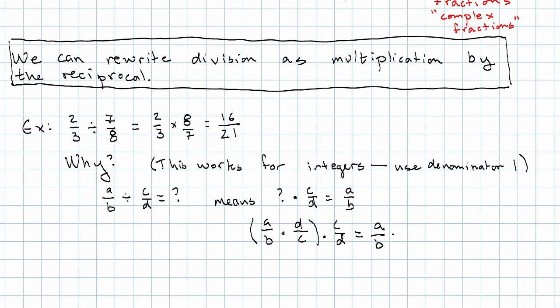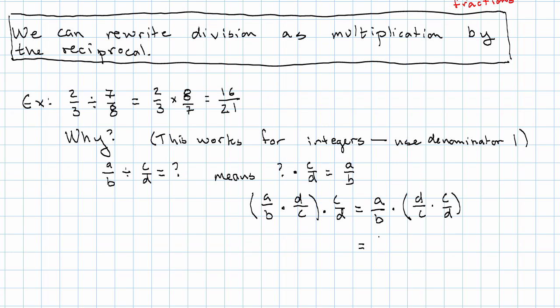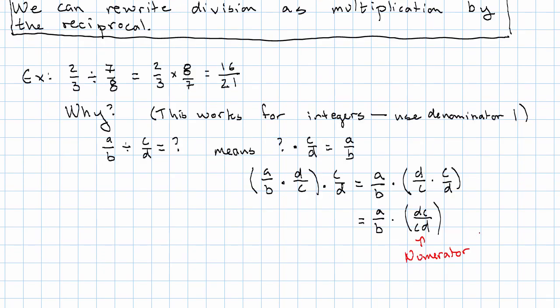That's the same as a over b times d over c times c over d, which is the same as a over b times, well, D times C, C times D, the numerator and denominator are the same, so this equals 1.